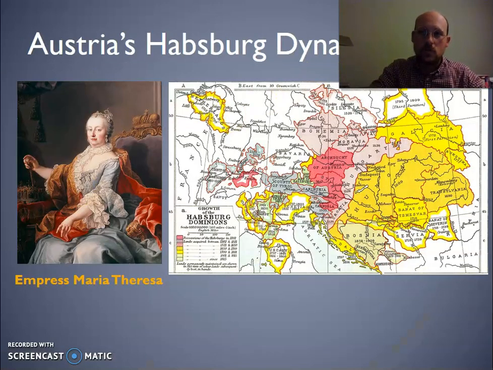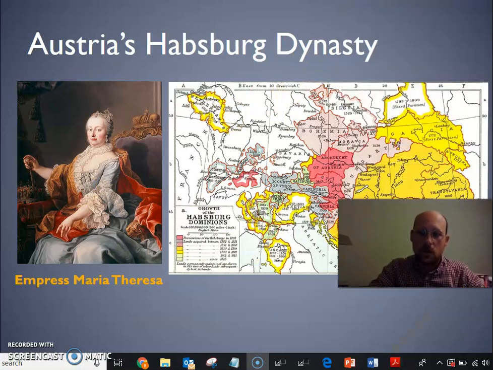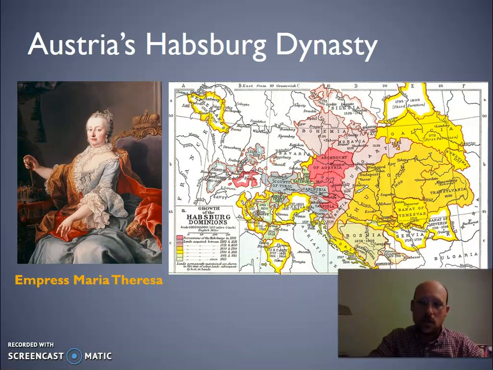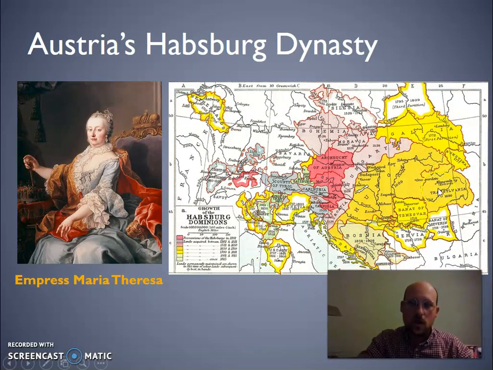So again, you've got a control of religion there. There are other ones we could get into, just to touch on a couple other absolutists. In Austria, you had the Habsburg dynasty. This is the same dynasty that we talked about previously with Charles the Fifth, the Holy Roman Emperor, except after Charles, it splits between the Spanish Habsburgs, like Philip, and then the Austrian Habsburgs. The Austrian Habsburgs had to deal with a very large, multi-ethnic, multi-religious empire.